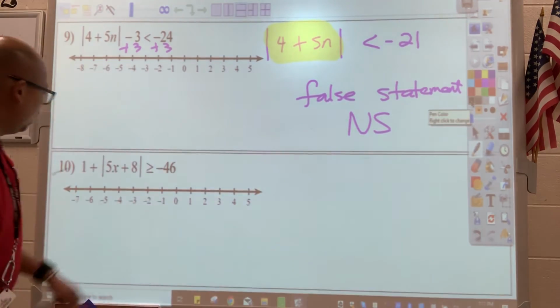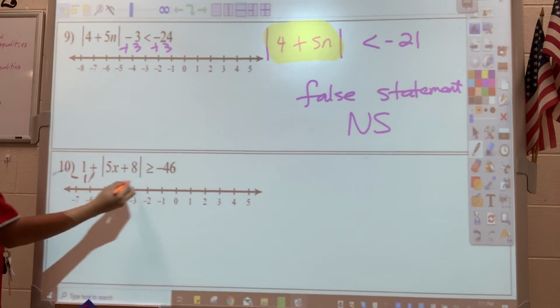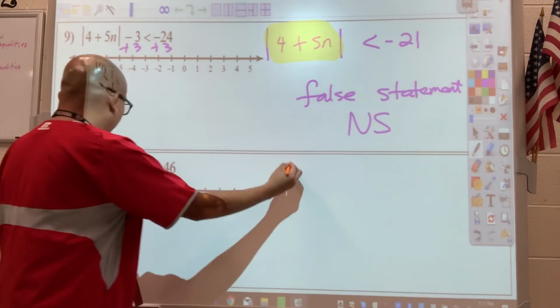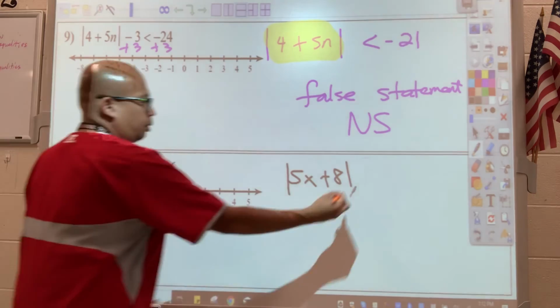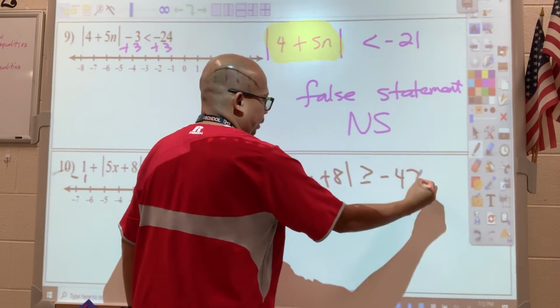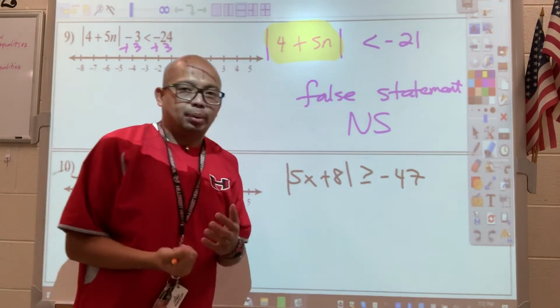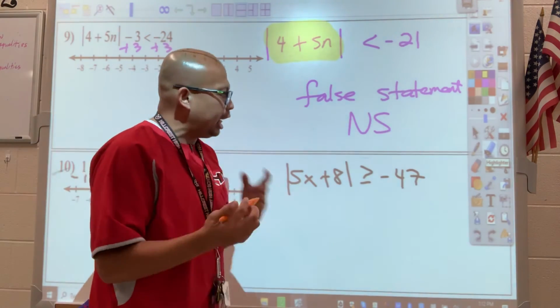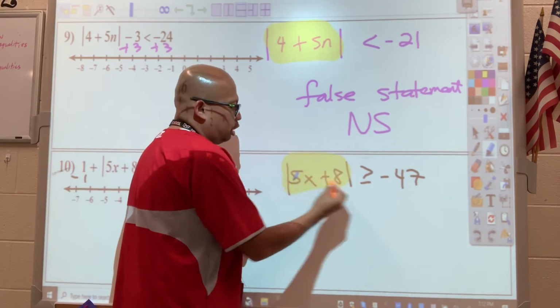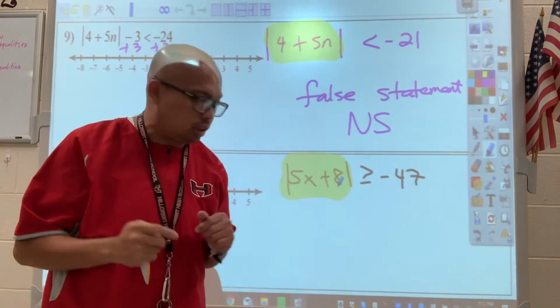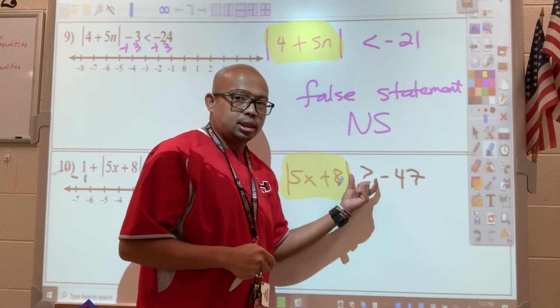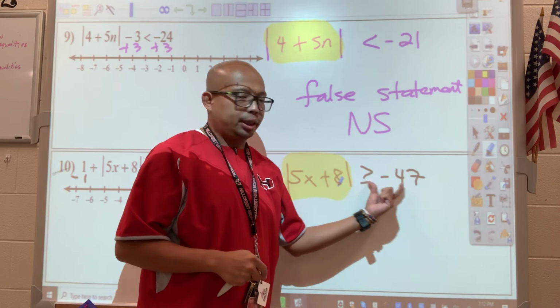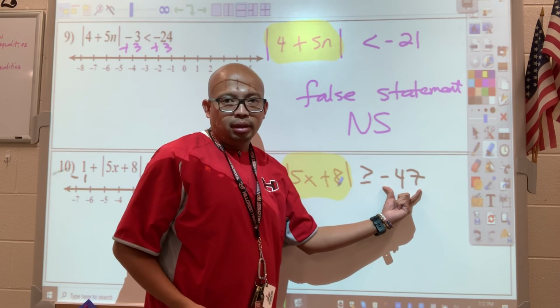While here, minus 1, it will give us absolute value of 5x plus 8 greater than or equal to negative 47. I know it's not going to produce a negative answer, but think about this. This is an absolute value. It will always be positive. Will this be always, sometimes, never, bigger than a negative 47?